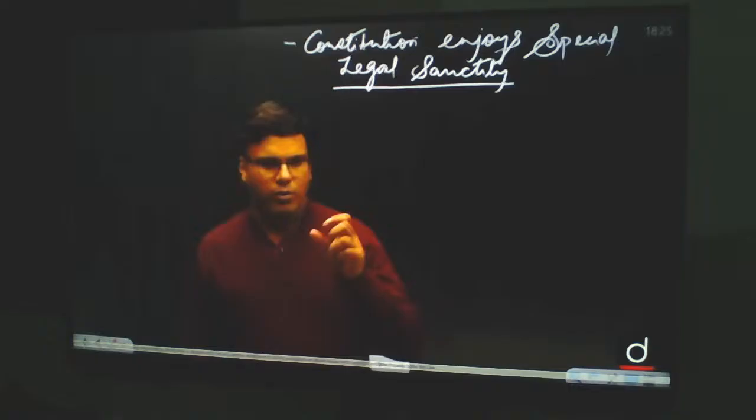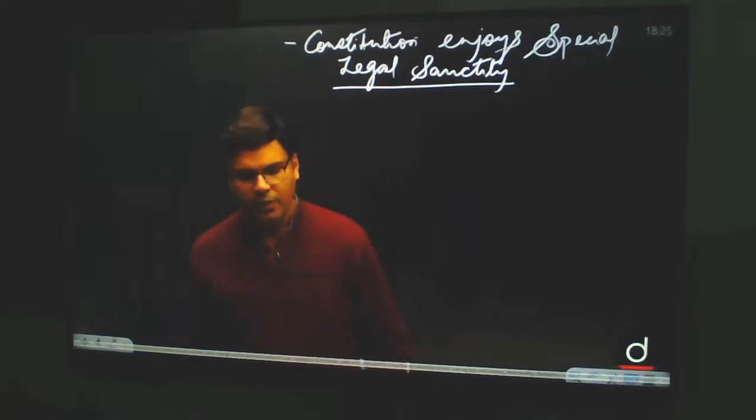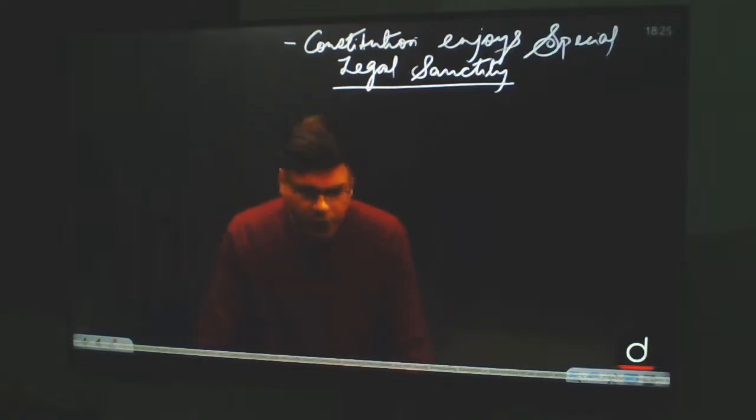So when we look at the word democracy, we will again try to understand these concepts more comprehensively. Therefore, full stop, therefore, the Constitution enjoys a special legal sanctity, full stop.